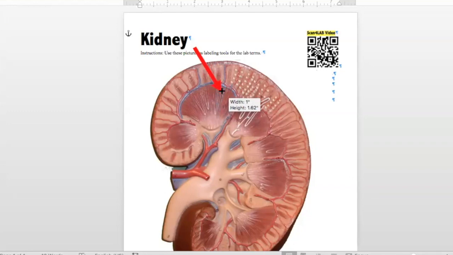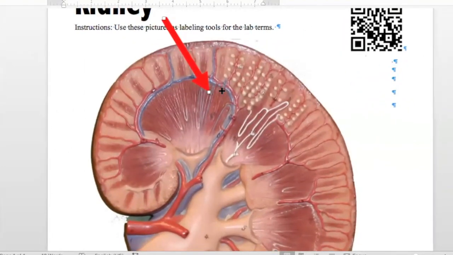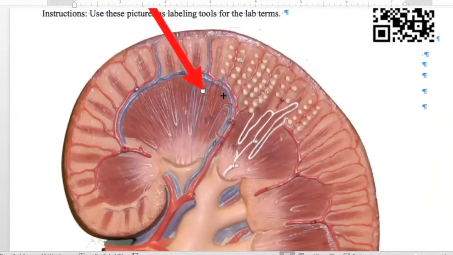Yeah. So let me show you. That's cool. So let's go through those terms quickly, if you don't mind. Since I got the kidney up here, can we do that all together real quick? Because there are a couple of test questions on that, and I do want to make sure I point those out.